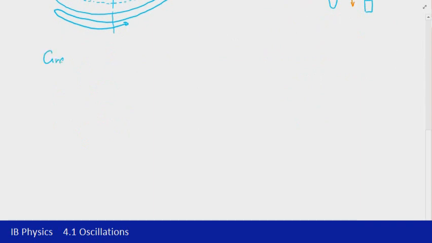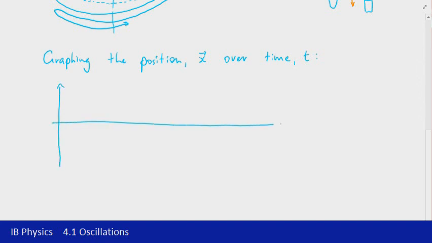Graphing the position, and we're using the vector x here, otherwise known as the displacement of the object, over time t. What we would see is a graph that looks something like this.